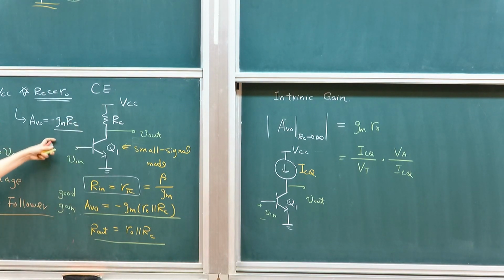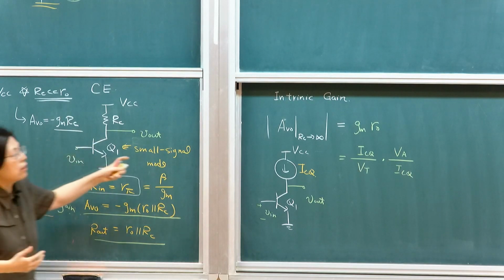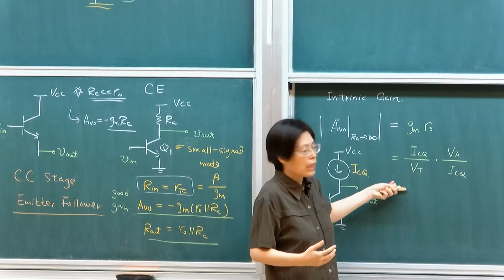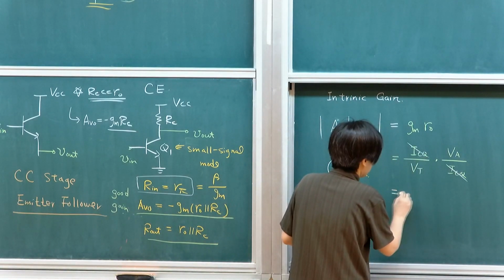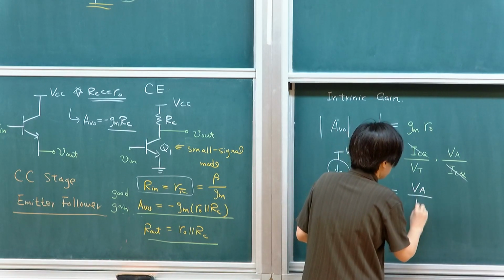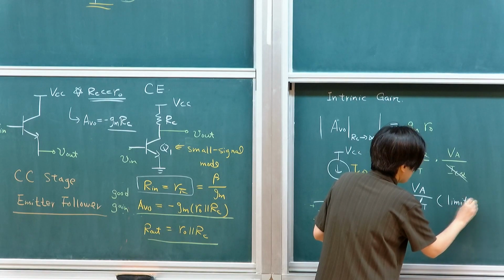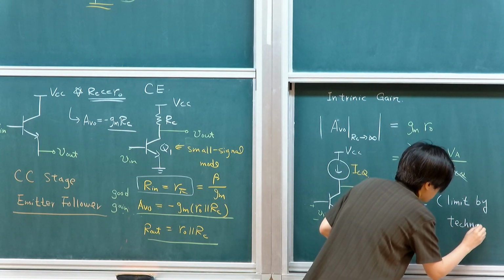So in this case, if I increase my biasing current, if I change my ICQ, this will actually increase because my GM will increase. But for the intrinsic ceiling, what happens is that this will cancel itself so that it will be limited by technology rather than your circuit.